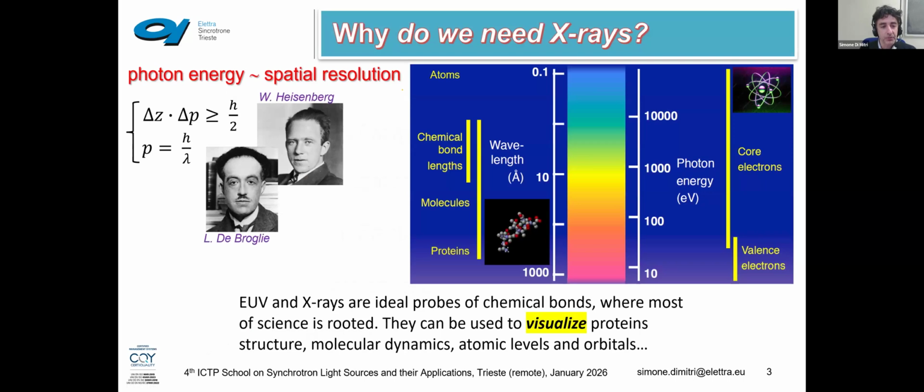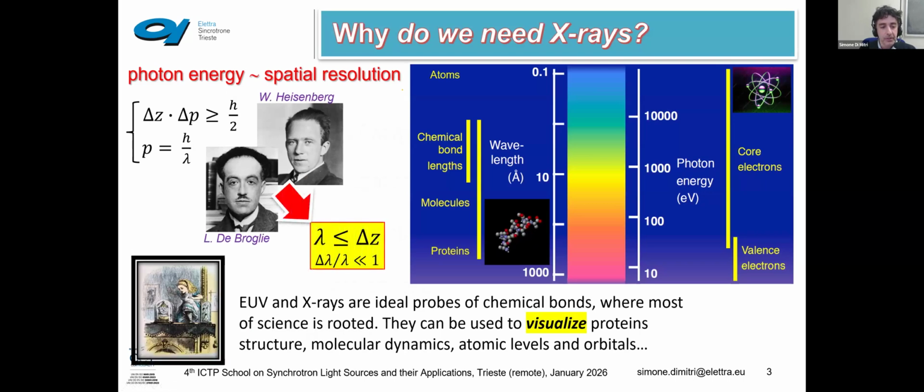For those of you who are not familiar with them, you can play mathematically with them, just replacing a constant, the Planck constant, in one into the other one. And you get an easy relation between two quantities, which is the wavelength of radiation which interacts with matter, lambda, and delta z, the spatial scale you want to investigate in your matter sample.